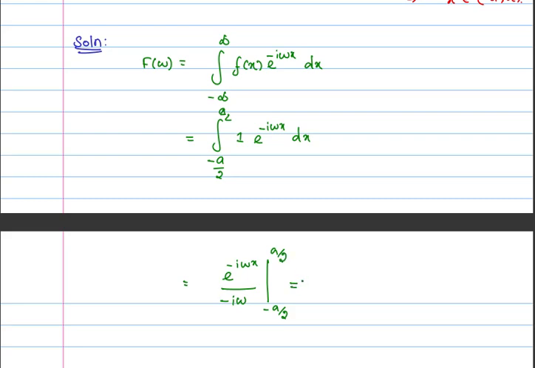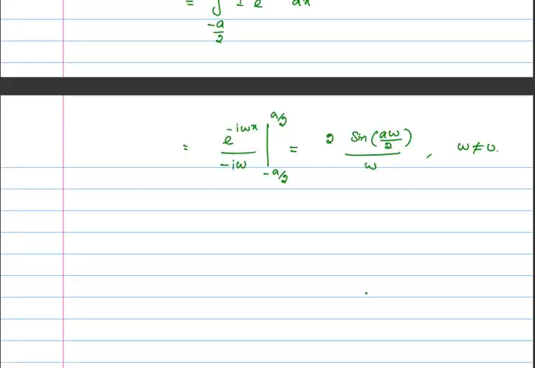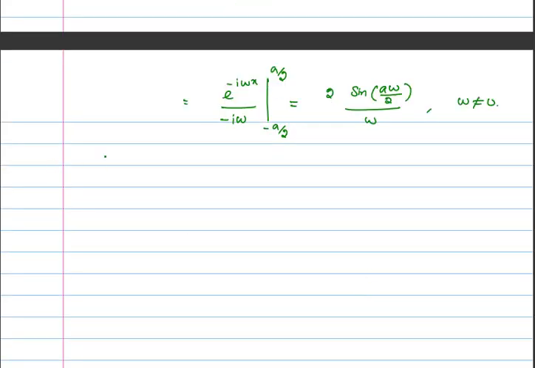This is nothing but 2 times sin of a omega divided by 2, divided by omega, provided omega is not equal to 0, because a zero denominator is not meaningful. Now I find what F of 0 is. You can take the limit as omega tends to 0, and it becomes a; you automatically know that, otherwise you can calculate it from the Fourier transform also.